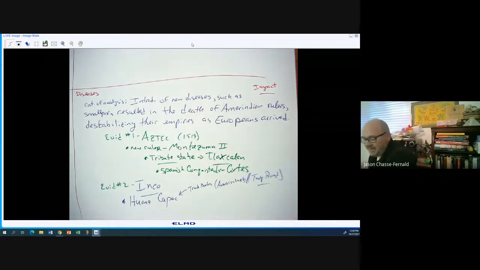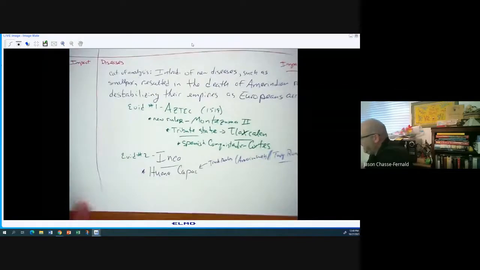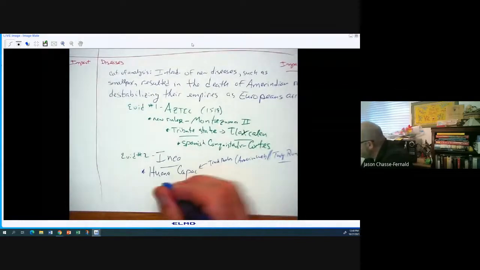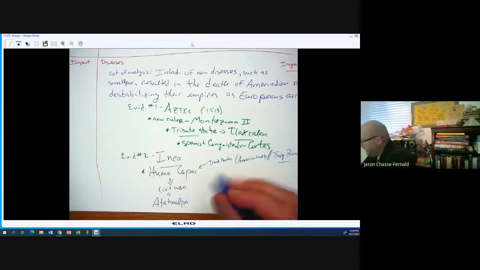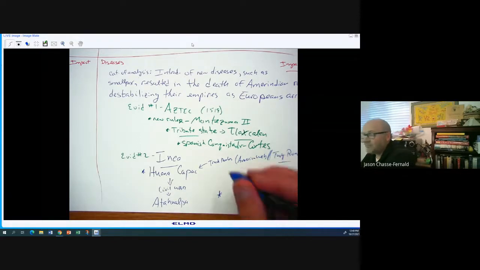But we have the death of another emperor to smallpox. This results in a civil war, and out of that civil war emerges Atahualpa, and he is only in control for a couple of months.